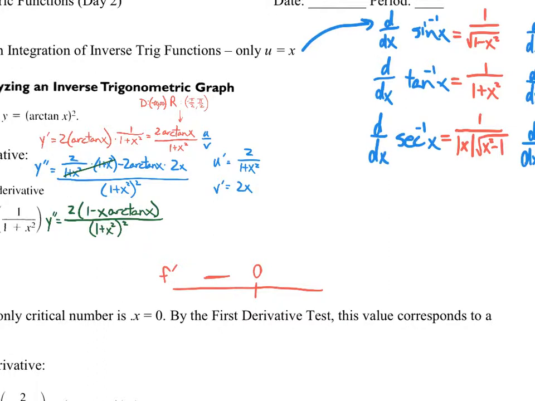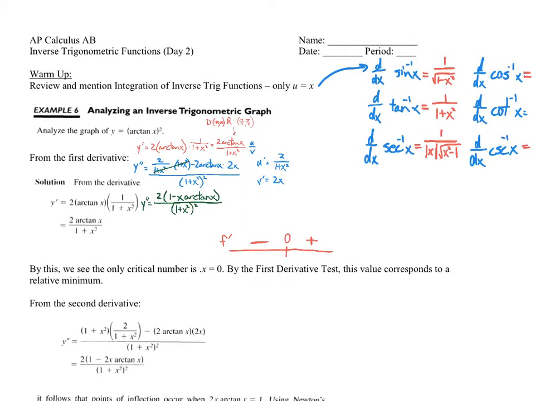And then if you plug in something above 0, you get a positive. So that's how we're getting a relative minimum at 0. And in fact, if you plug 0 in, arctangent of 0 is 0, squared is 0. So the origin actually is the minimum.